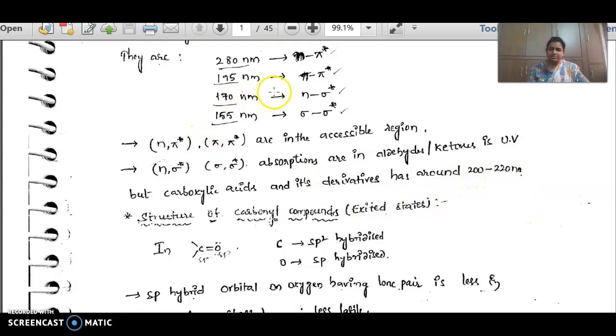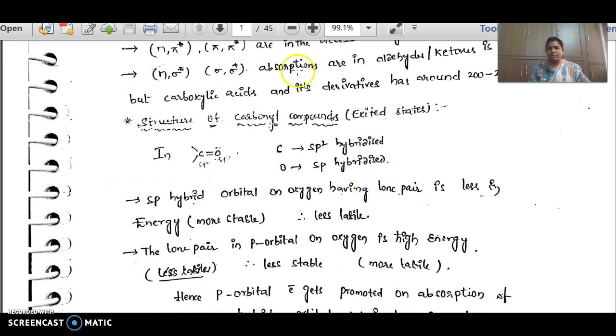For carbonyls it is at 280. Structure of carbonyl compounds: if you take C double bond O, the carbon is attached with two sigma bonds. Carbon has sp2 hybridization and oxygen has sp hybridization. Oxygen has one sigma bond and two lone pairs.